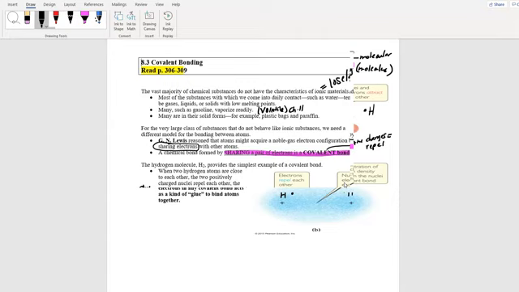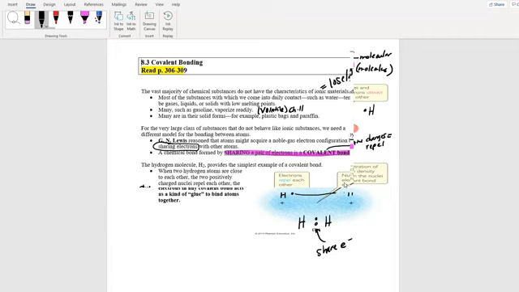When the nuclei and the electrons come together, it's an attraction. So this electron gets shared with this electron, and you form electrons that are being shared between the two.